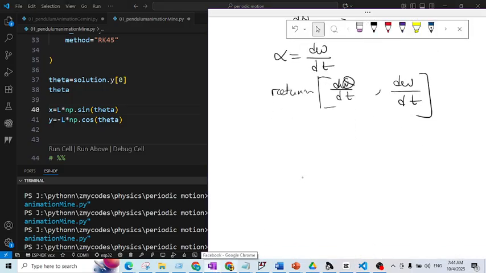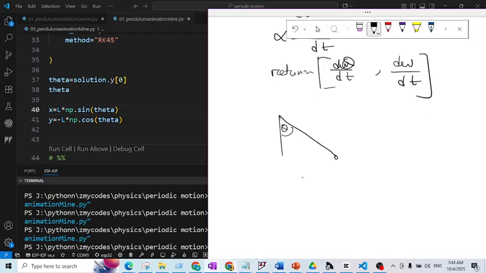So as this is theta, let's say this is the origin, so this might be x and this will be y.